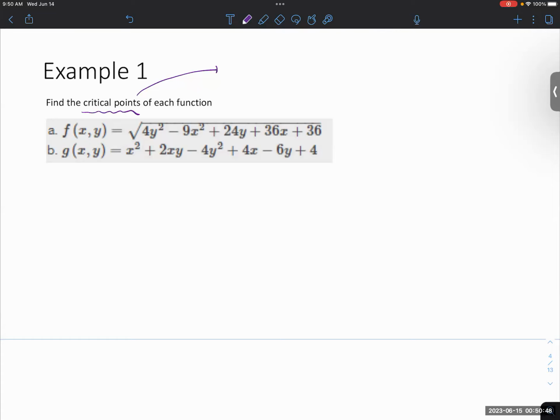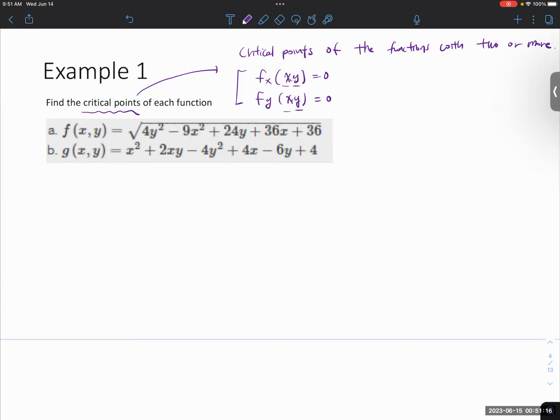We are going to find the critical points of the function with two or more variables. So the partial derivative of f with respect to x is 0, and the partial derivative with respect to y is going to be 0. That x, y is going to be your critical point.